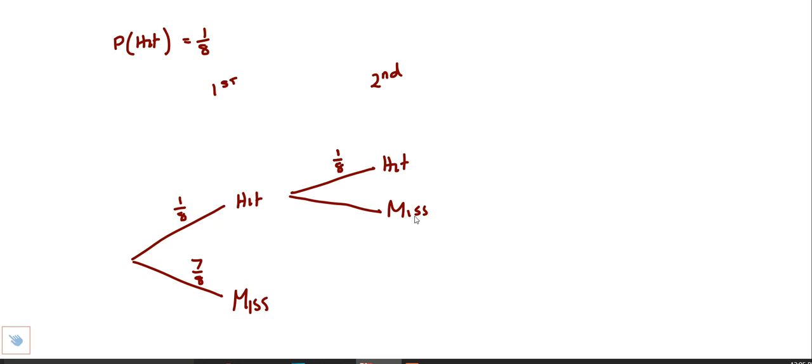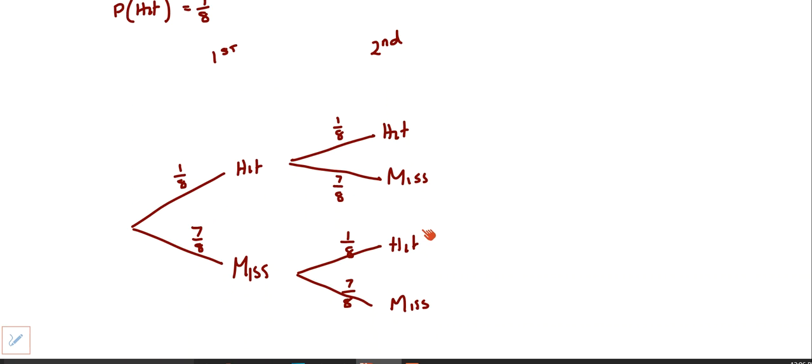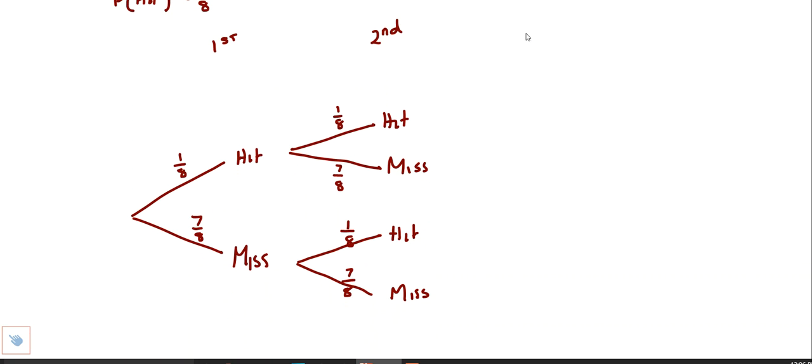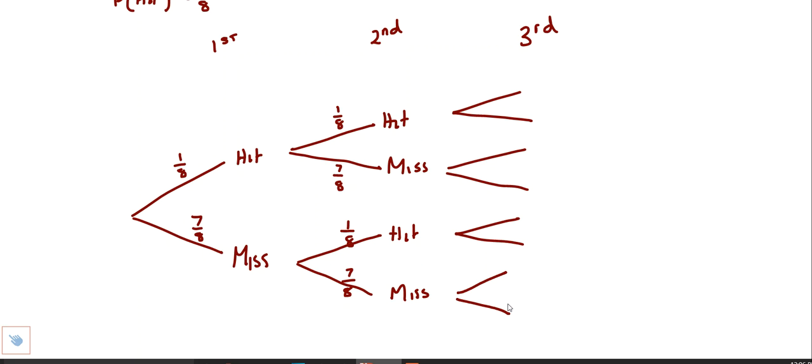Still 1 out of 8, and 7 out of 8 for a miss. Hit or miss are still the options, with 1 out of 8 and 7 out of 8. It can go on forever, but we only have 3 arrows. So he could have hit, miss, hit, miss, hit, miss.